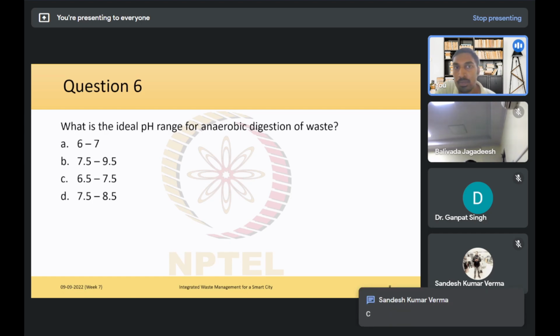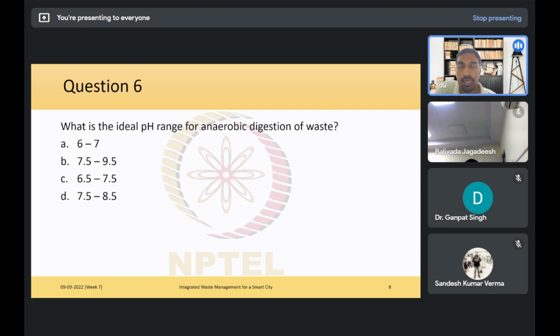For example, the acidogenic or the acetogenic bacteria produce acids which lower the pH of the system, whereas for the methanogenic bacteria, we'll need a higher pH for it to work effectively.